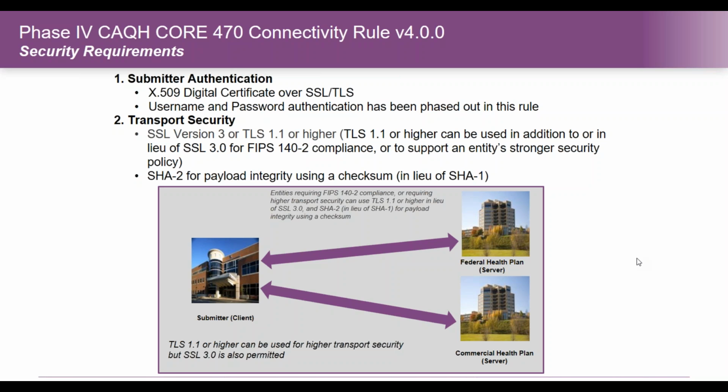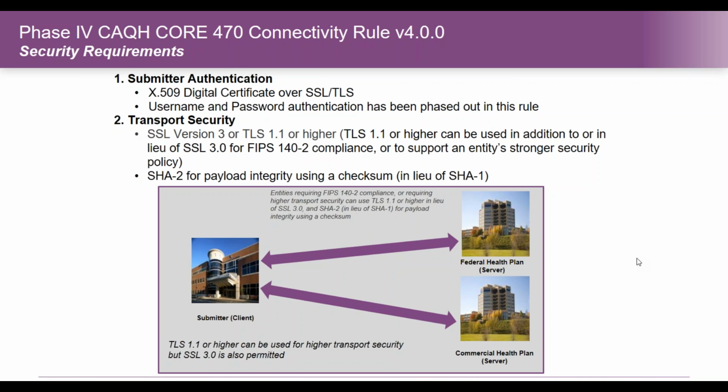In terms of the transport level security, the use of TLS 1.1 or higher as an option gives you the ability to be either FIPS 140-2 compliant or just to support a stronger method of transport security to meet your enterprise security needs. Also, the fact that SHA-2 can now be used for payload integrity in lieu of SHA-1 gives you stronger payload level integrity protection for the batch payload submissions.